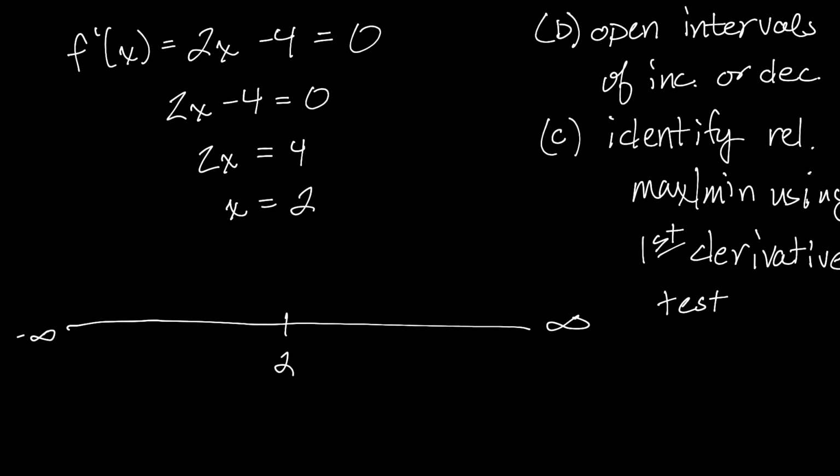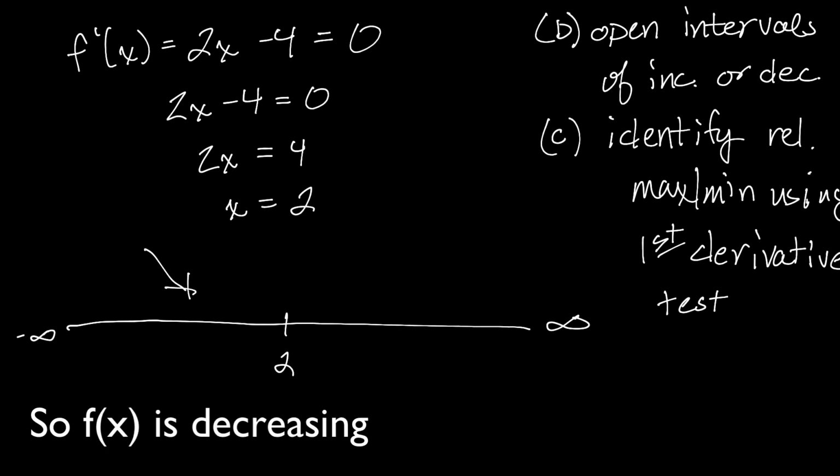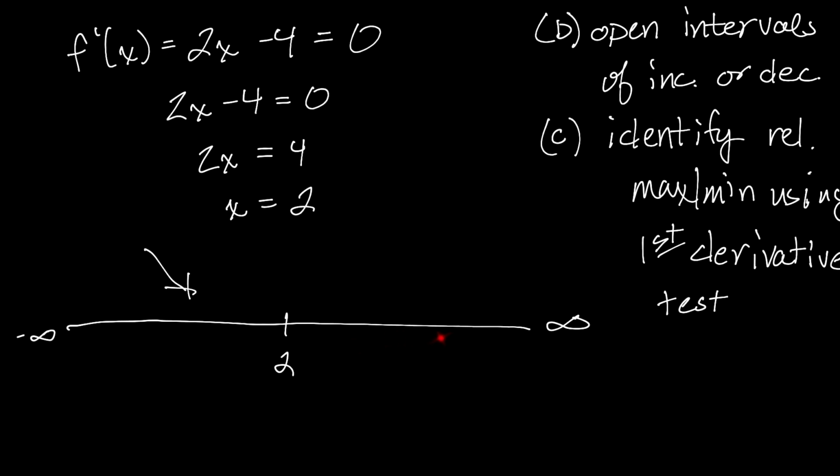If I plug 0 into my first derivative, 2 times 0 is 0, minus 4 is negative 4. So I just know that this is going to be negative, which means it's going downhill.